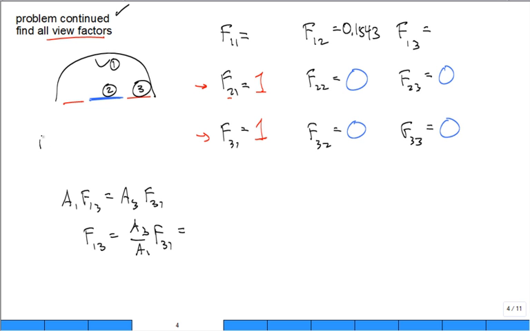I already calculated the area of surface 1 and 2. The area for 3 is going to be pi over 4 times the outer diameter D1 squared minus D2 squared.